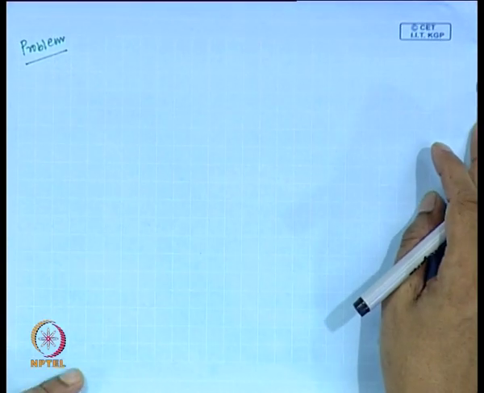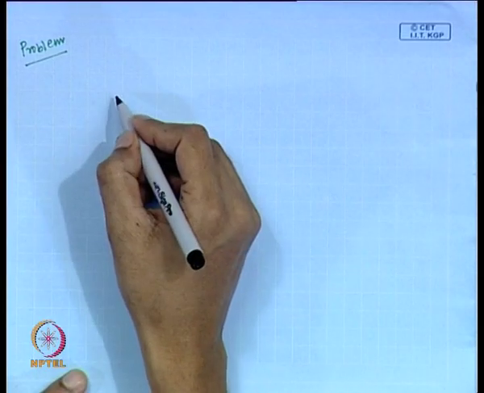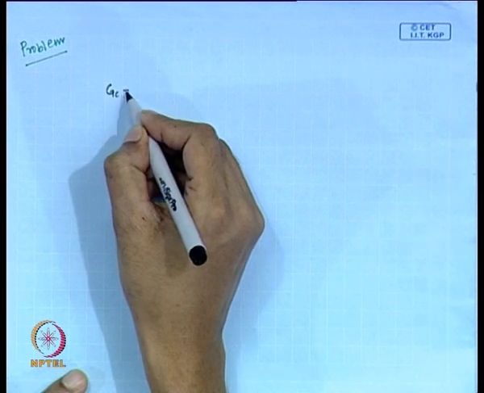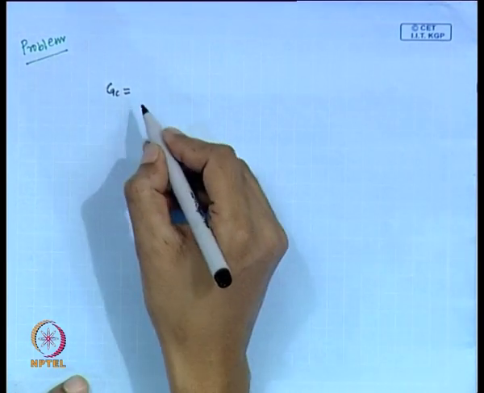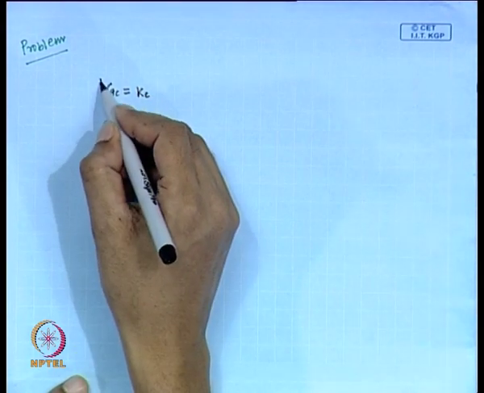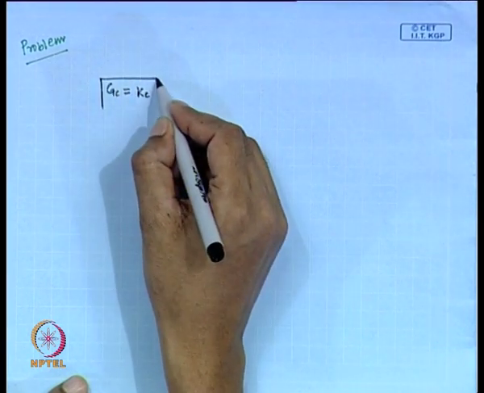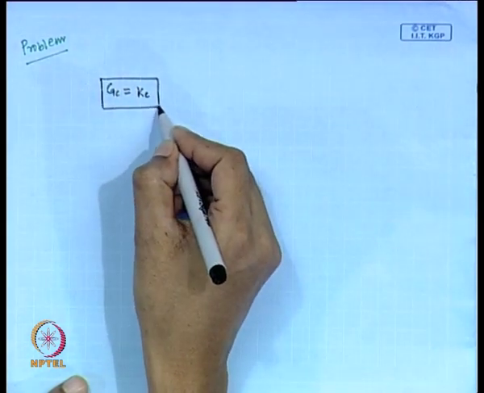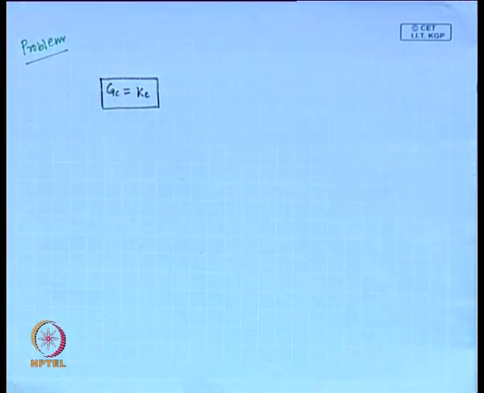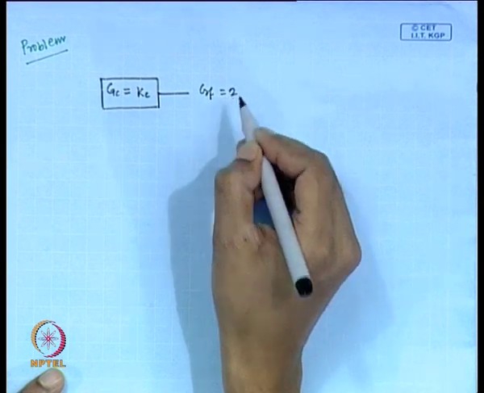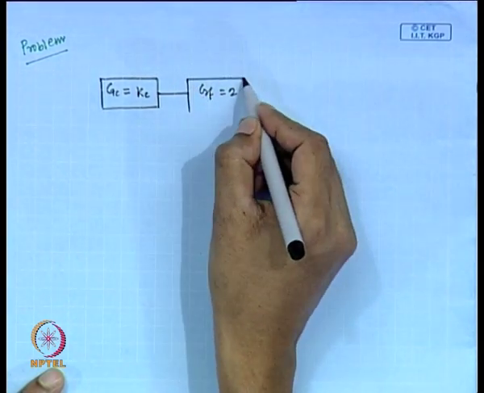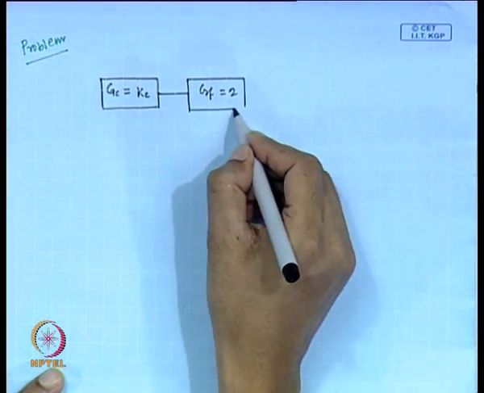The closed loop block diagram is required to develop first. Suppose a process is controlled by a P only controller. That means, the transfer function of the controller Gc equals Kc. The transfer function of the final control element Gf equals 2.